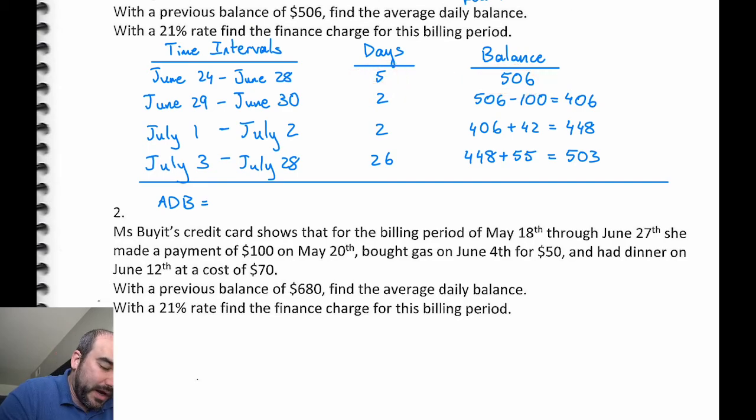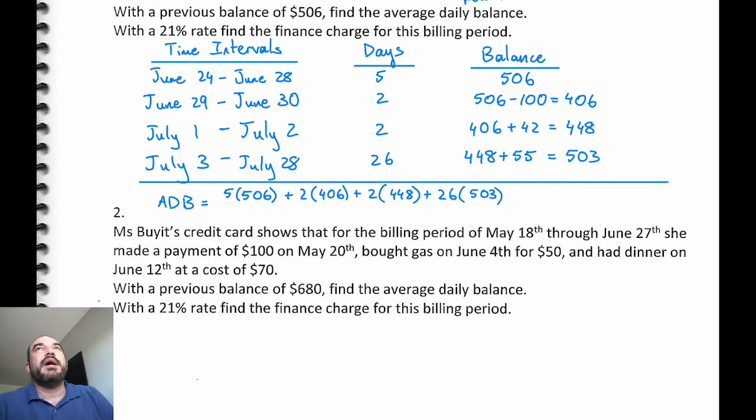So we're going to do 5 times 506 plus 2 times 406 plus 2 times 448 plus, and then the last 26 days there was a balance of 503.